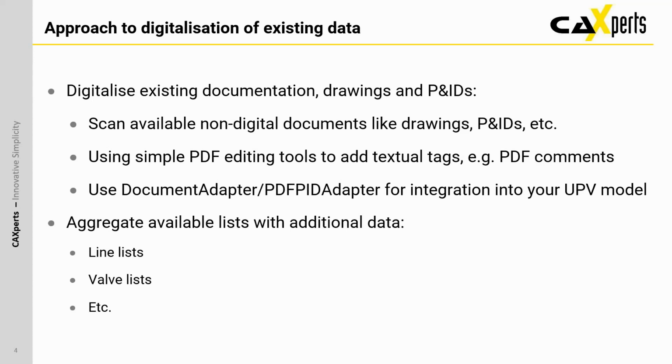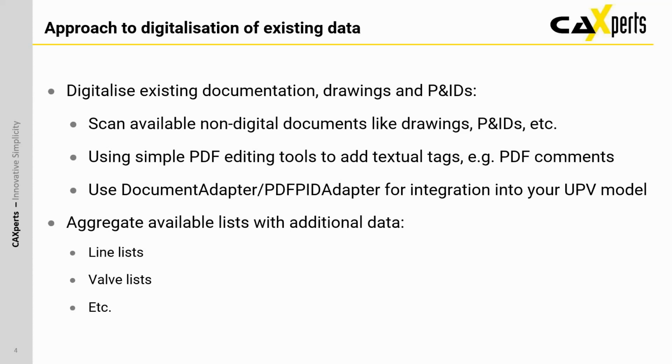Next step, you can actually use simple PDF editing tools like Adobe Acrobat, PDF Exchange, Phantom PDF, or similar to add textual tags in form of PDF comments to make actual machine readable comments in your documentation.